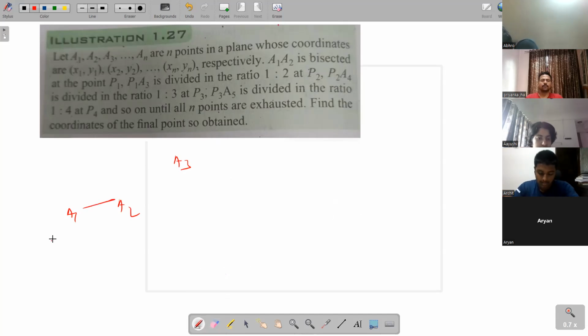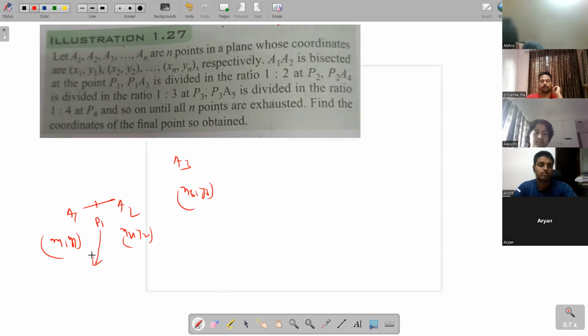This is your x1, y1. This is your x2, y2. This is x3, y3. And like that A1, A2. A1 A2 is bisected at the point P1. Bisected means middle point. P1 is the middle point of A1, A2.